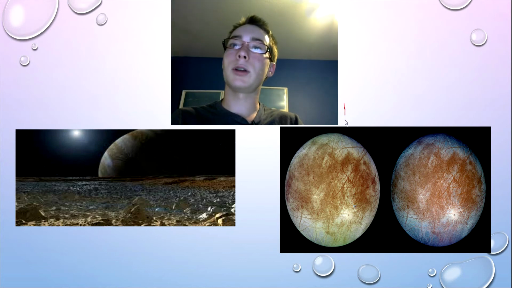Although we're suspecting that due to its ice outer shell, that water will be beneath, and with this water will come life due to its very unique properties. And so that's water. It's polar, it's amazing, and I hope that's helpful.